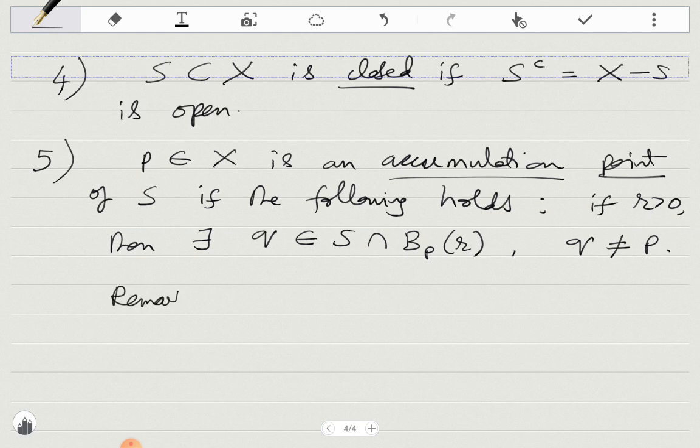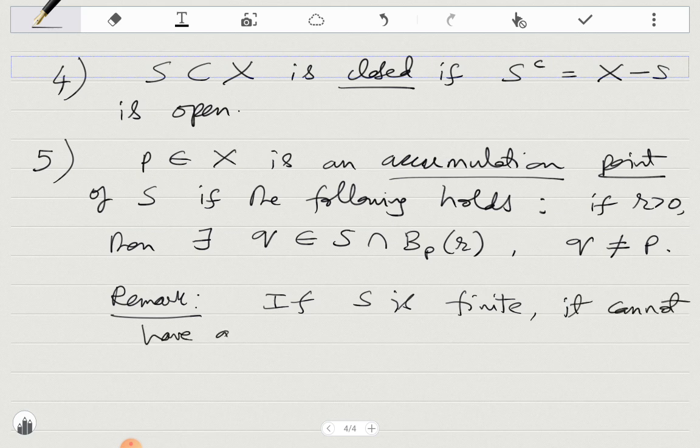So according to this definition, a remark: if S is finite, it cannot have any accumulation points.